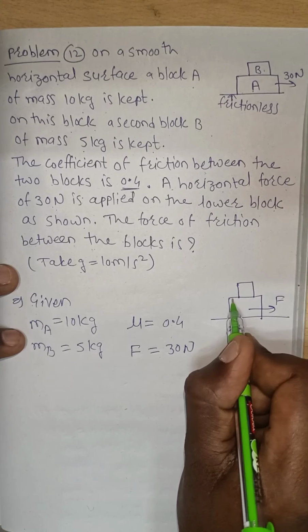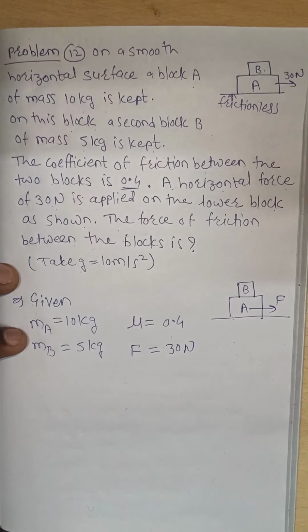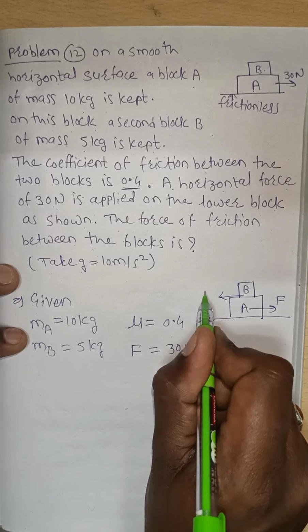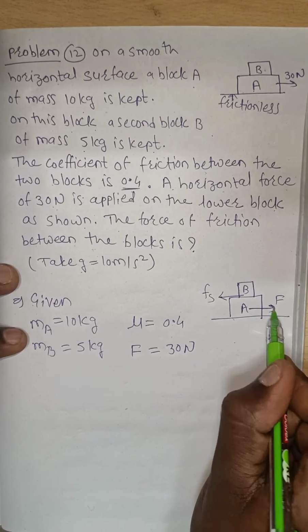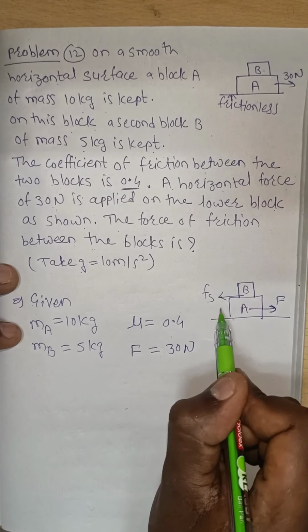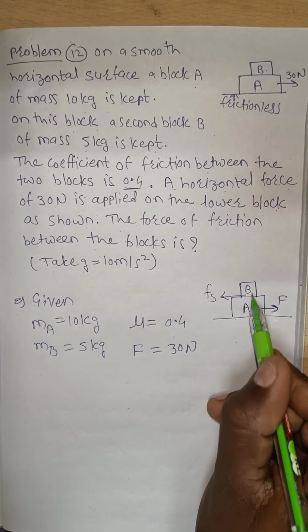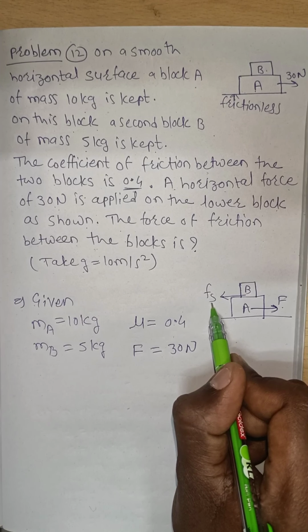Now what happens? There will be a friction force between block A and block B. In that case, the static friction is in the opposite direction. The applied force is in that direction, and the static friction between the two blocks is in the opposite direction.